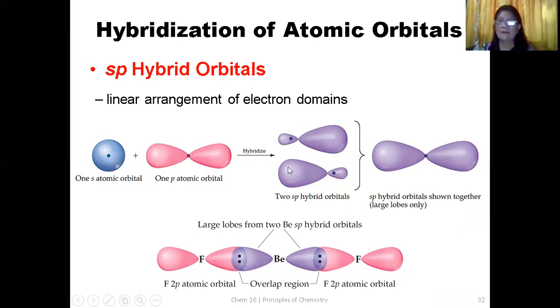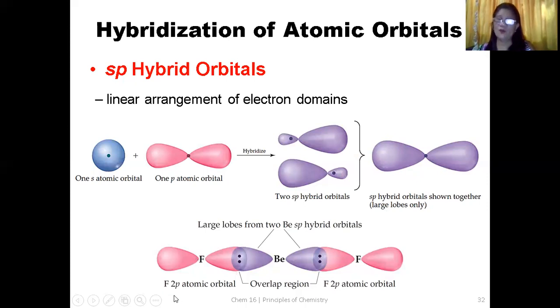What will happen here? Two sp hybrid orbitals, because your hydrogen is S and your chlorine is P. So the sp hybrid orbital formation was shown earlier. In the middle, this is the S and this is the P. For instance, for beryllium and this is your fluorine.